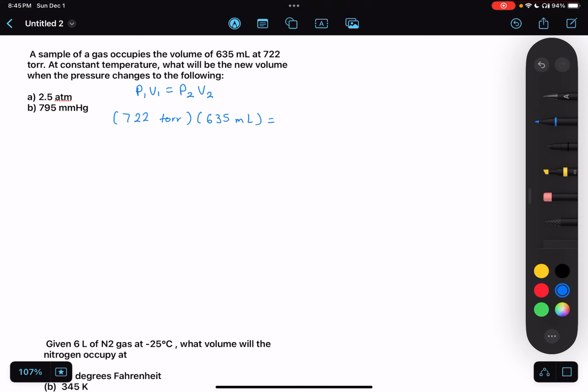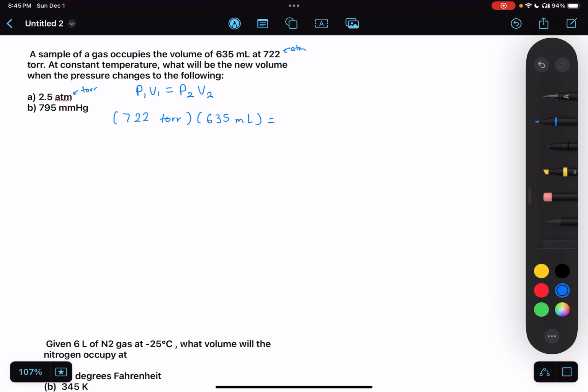Well, actually, hold on. What do they want this answer in? They want this answer in this and this. Okay, so two ways I can do this. I can turn the atmospheres right here into torr, or these torr to atmosphere. Doesn't really matter. Should give us the same thing.